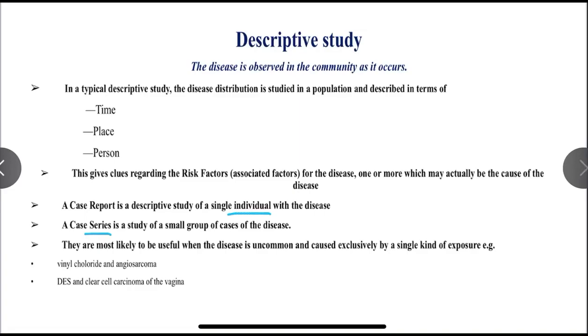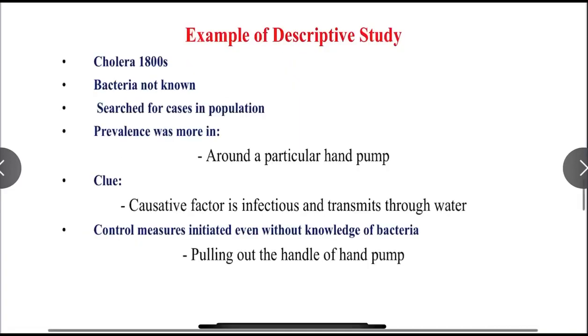Okay, so an example of a descriptive study: there was a cholera outbreak in London. At that time the bacteria was not known. They were searching for cases in the population. Prevalence was more around a particular hand pump. Those who were near that particular hand pump had more disease, so the prevalence was more there.